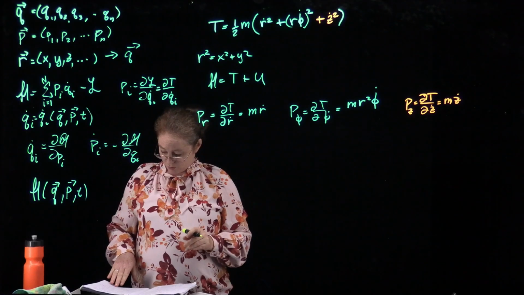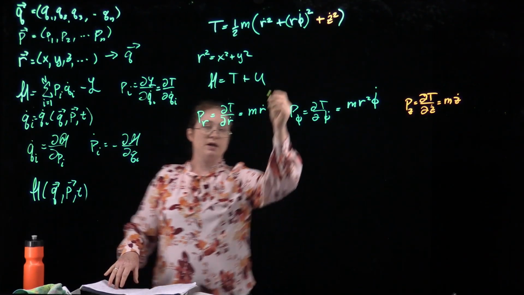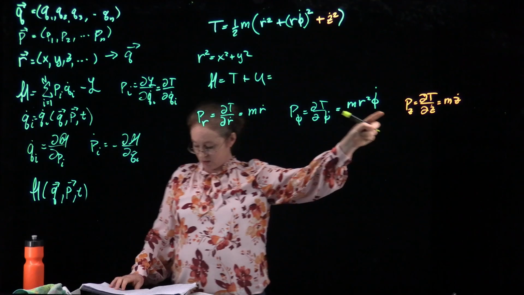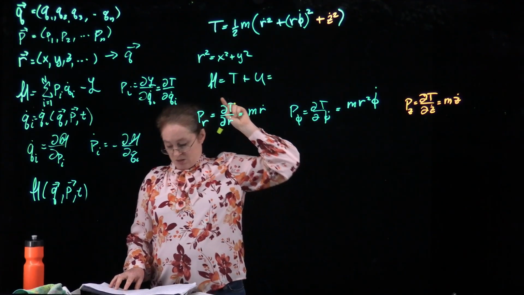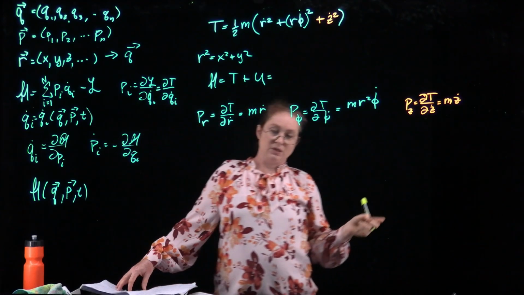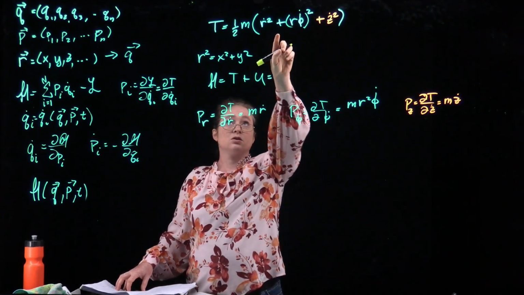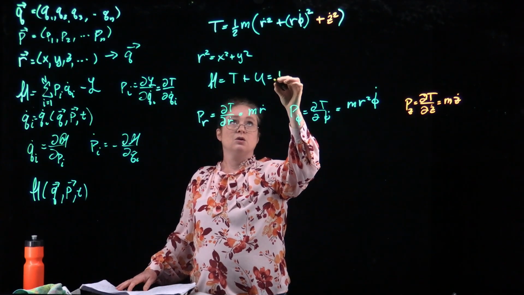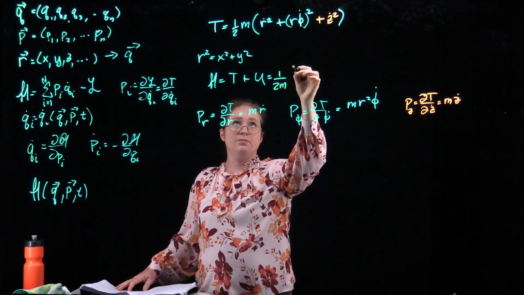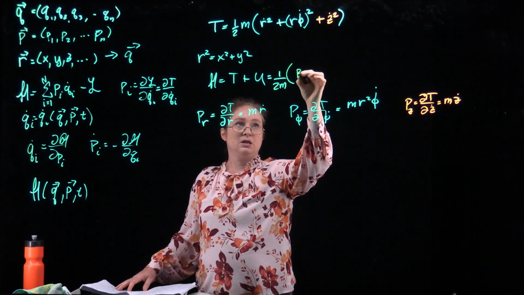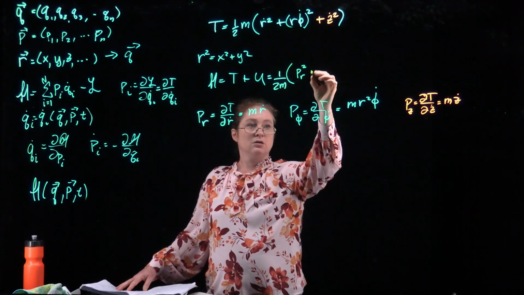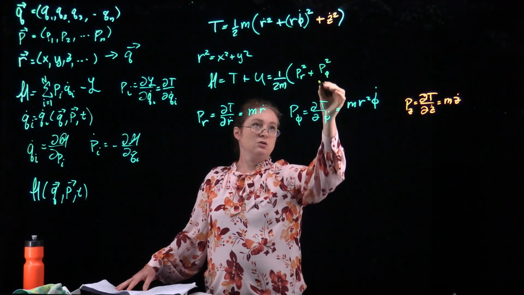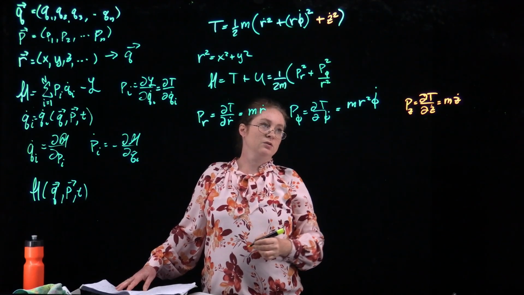Then we want to rewrite our Hamiltonian in terms of p and q instead of q and q dot. So here, this is going to give us 1 over 2m, p r squared plus p phi squared over r squared.